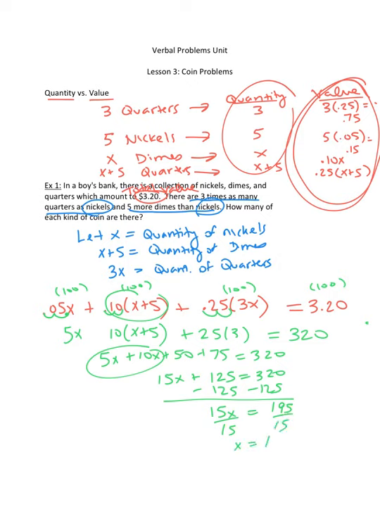X equals 13. Okay, so my X value is 13. That means I'm plugging back into here. That means I have 13 nickels. That's my quantity. I have 13 plus 5 dimes, which is 18 dimes. And I have 3 times 13, which is 39 quarters.